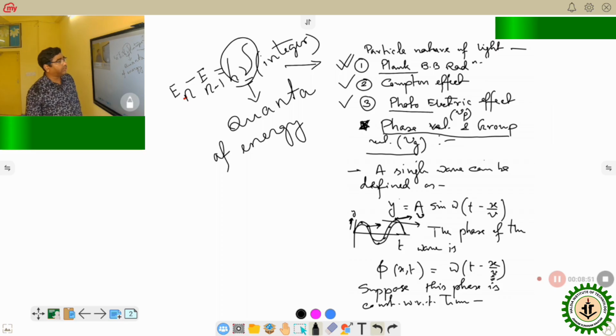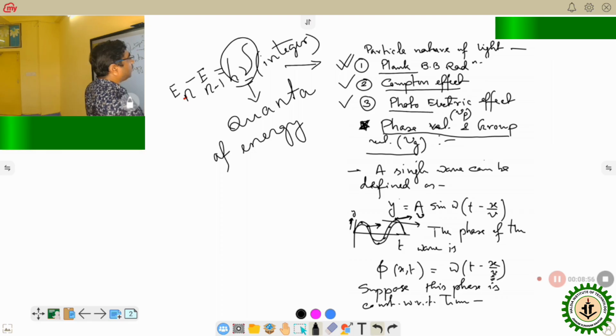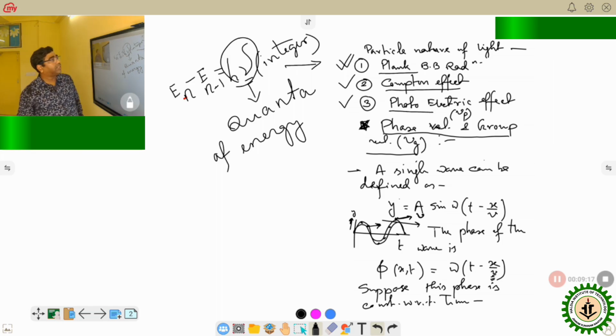Not only that, at that time the Compton effect was discovered, where they used high frequency radiation to find radiation changes after collision based on energy transfer. Whatever they are getting, all are considered to be particle-like collisions. That means particle nature.